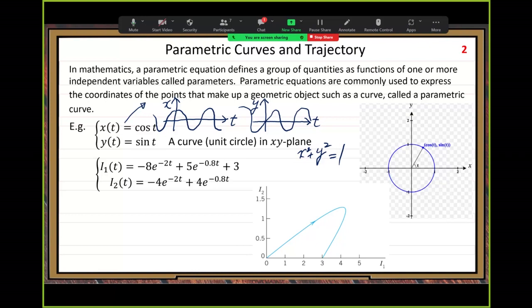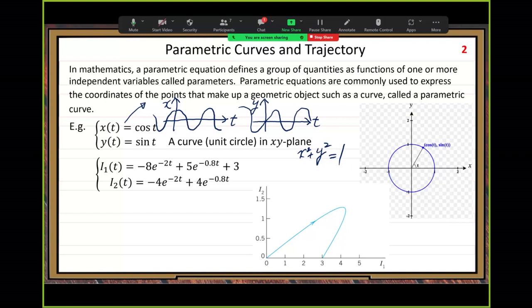The t is hidden, so you walk along this path, and t is reflected along this path. So the curve is like this. That's the trajectory.